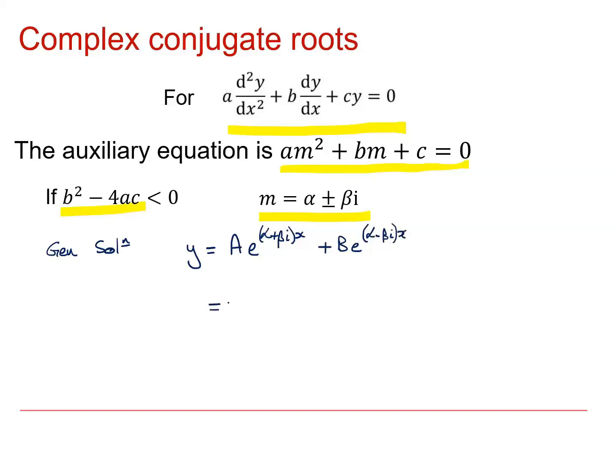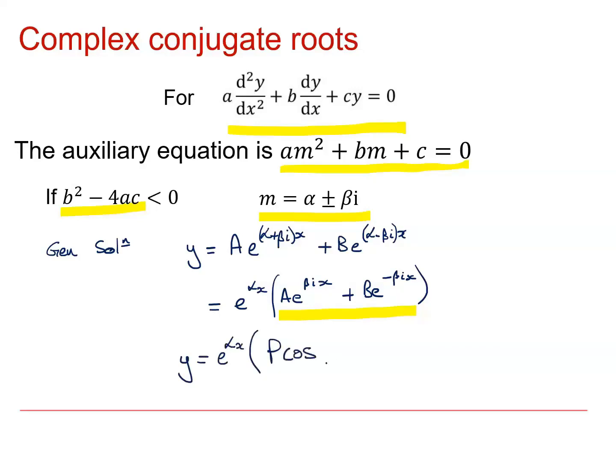Well, I can take out a factor of e to the alpha x, so I'm going to get e to the alpha x times (A e to the beta i x plus B e to the minus beta i x). And we've already seen that this can be written in terms of cosines and sines, so I'm going to get a general solution that is e to the alpha x times (P cos beta x plus Q sin beta x).